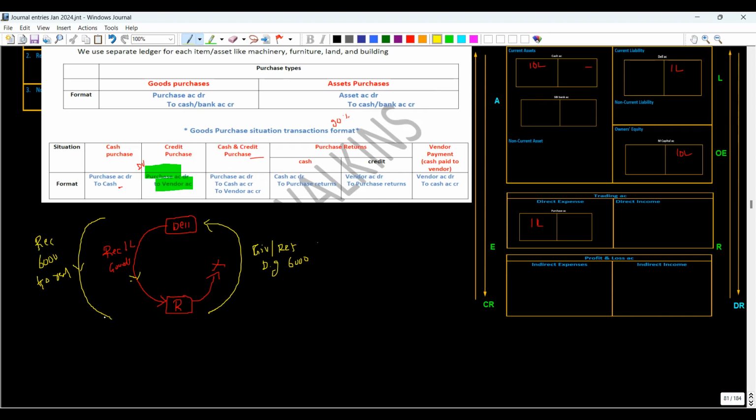So here the due is 1 lakh on the credit side. To reduce the credit balance of the Dell account, which side do we have to enter the money? Debit side. So which account is going to get debited 6,000? The Dell account is going to get debited 6,000.